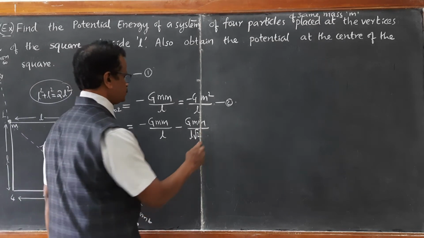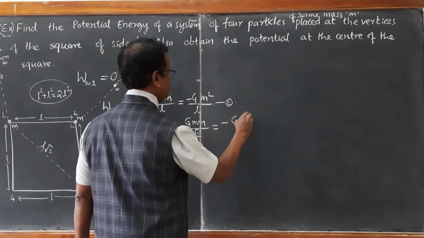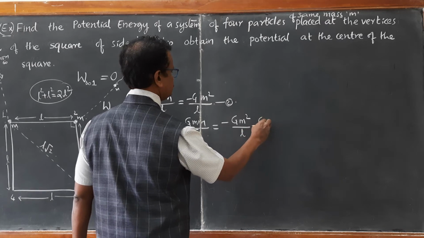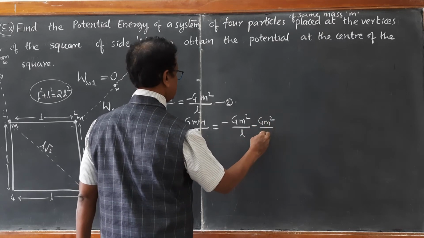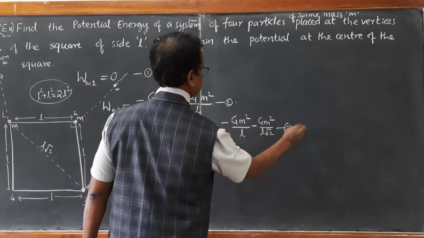So thus we can simplify this as minus G m square upon L minus G m square upon L root 2. So this is the third one.